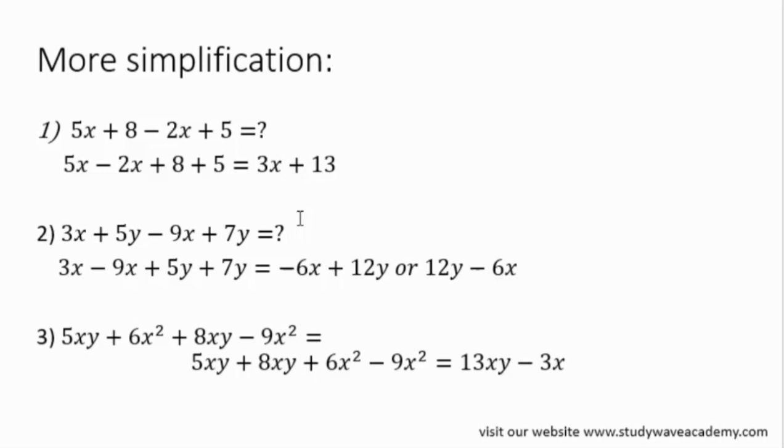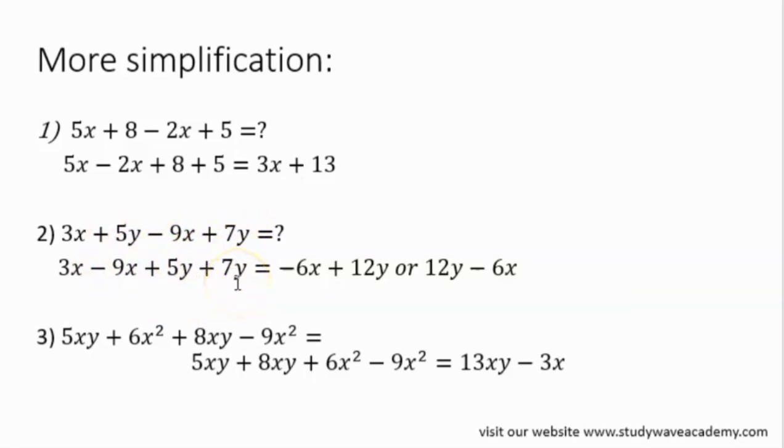We have 3x here and 9x, so we bring them together. We write 3x minus 9x. Remember, you are taking the sign in front of the number together. Then we add our plus sign and write 5y plus 7y.